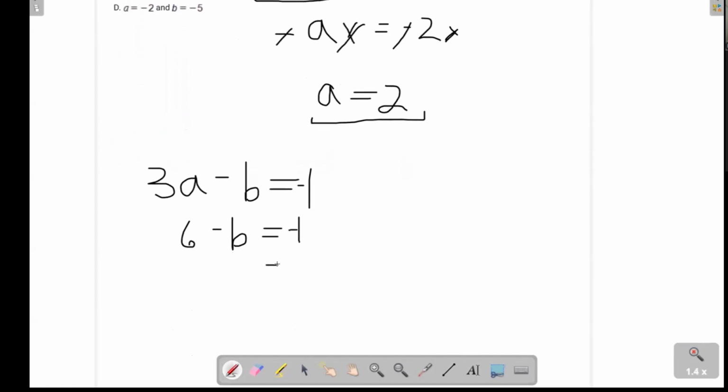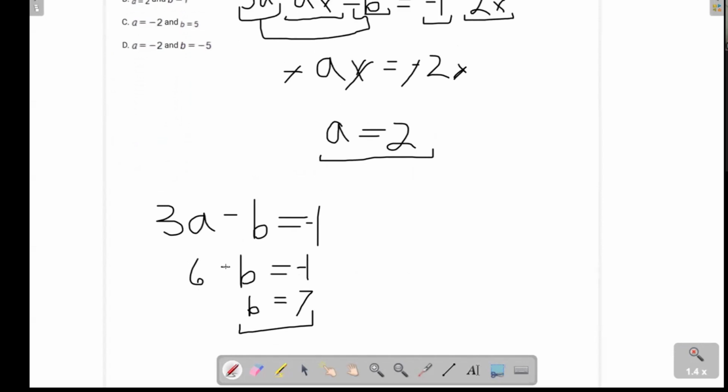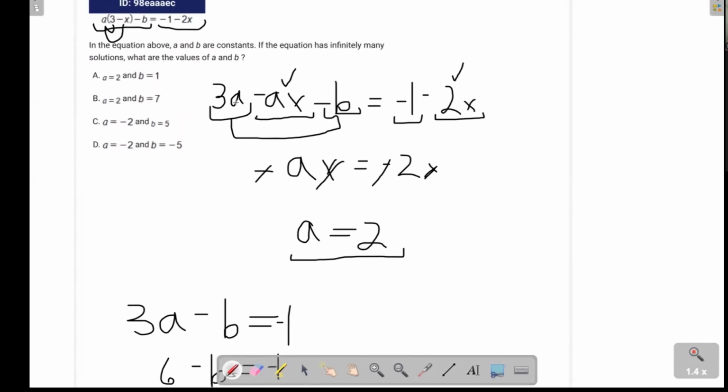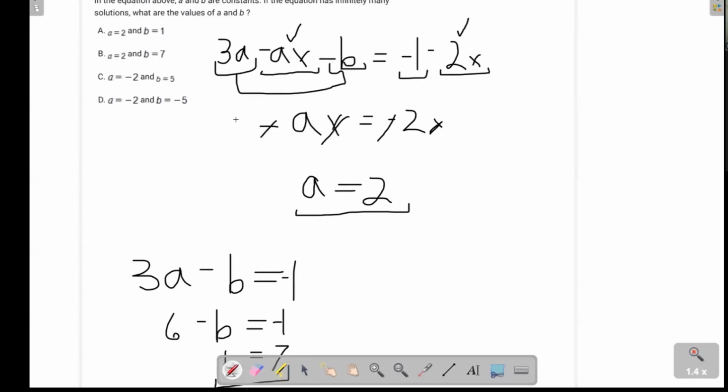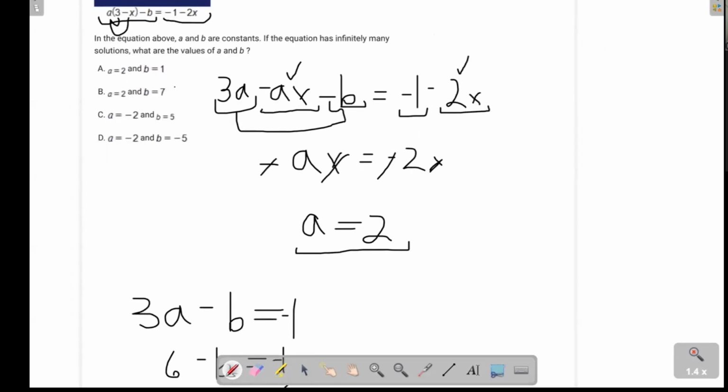And then from that, the negatives on the negative b and negative 7 are going to cancel out. And you're going to get b equals 7. This one is, again, a little bit more challenging, but just distributing the a to everything and getting the slopes equal to each other along with the y-intercepts equal to each other, our answer is going to be B.